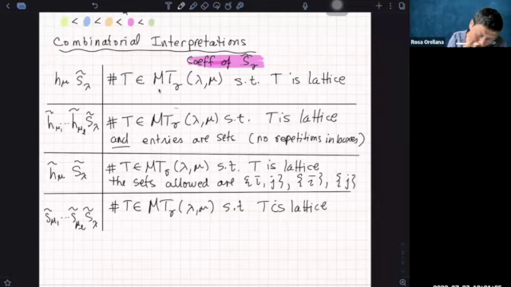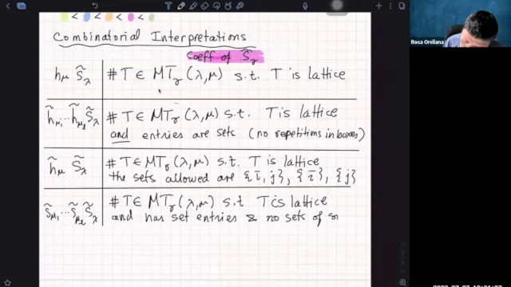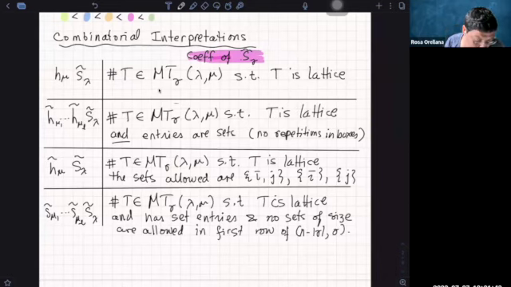And it has set entries, the same as this one, is kind of a subset of this, has set entries and no sets of size 1 are allowed in the first row of n minus gamma, comma, gamma.